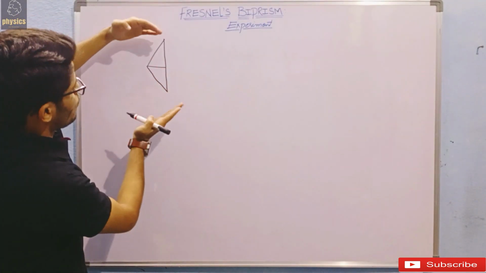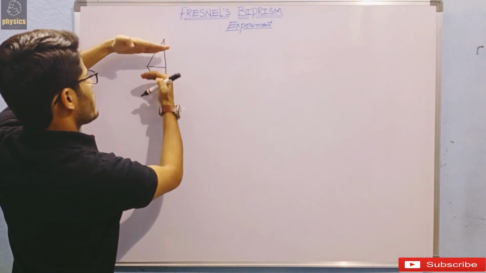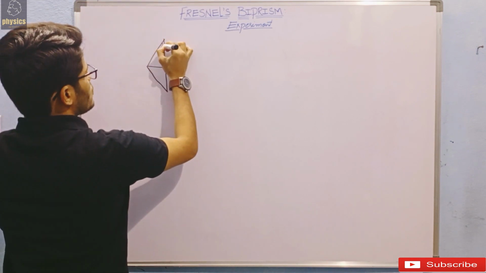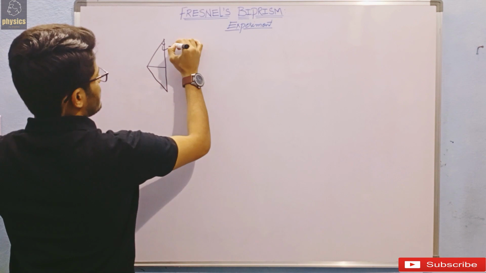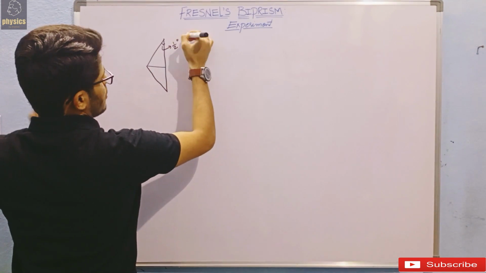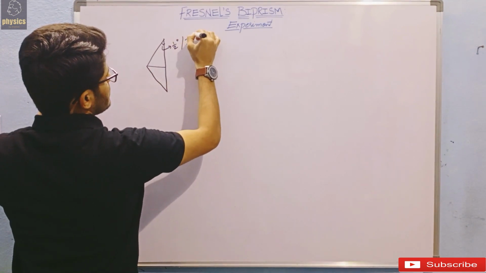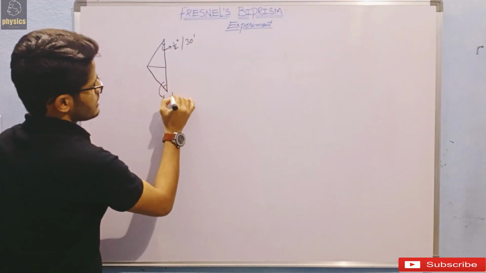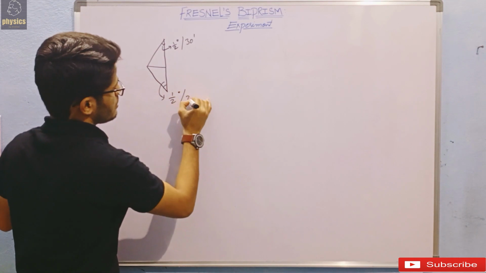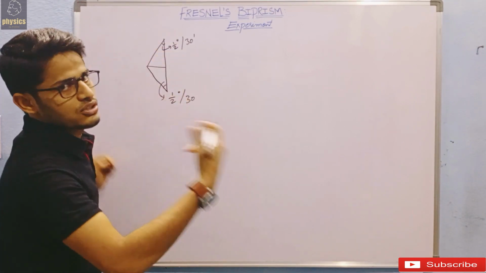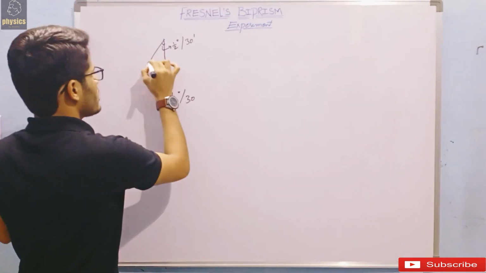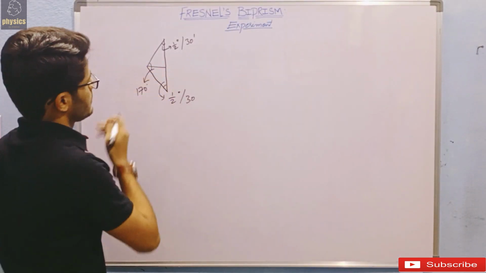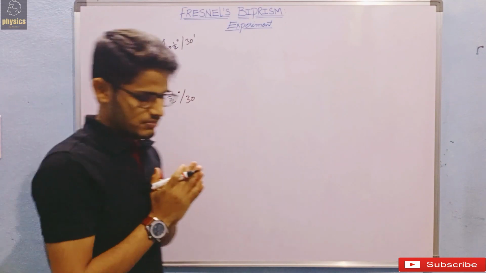He joined the two prisms with their bases, and he took this acute angle as half a degree, or 30 minutes. Similarly, here also he took half a degree or 30 minutes. The overall is going to be 180, so the remaining angle will be 179 degrees.